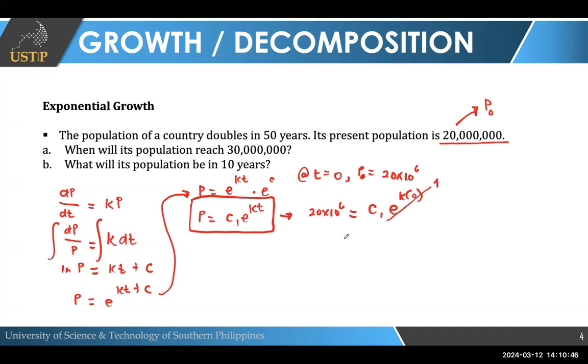Okay, so meaning natay C1 nga 20 times 10 to the 6. Okay? So, kung ato na substitute dira, you will have P is equal to, dili pa gihapon ni particular because we have one unknown. That is 20 times 10 to the 6 e to the kt.